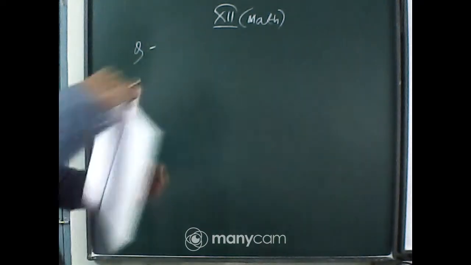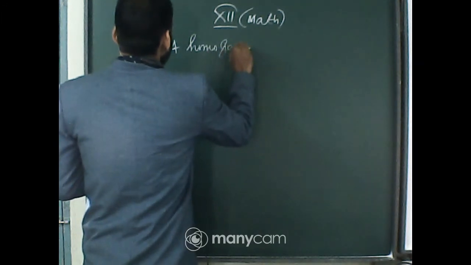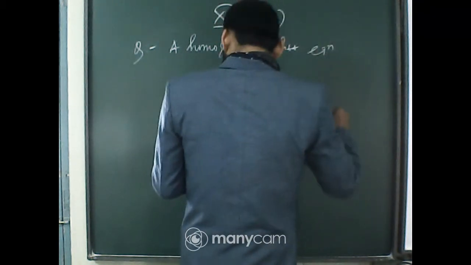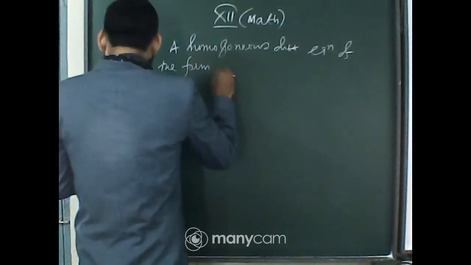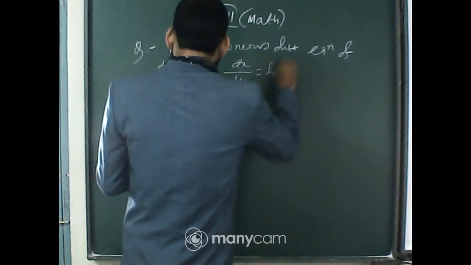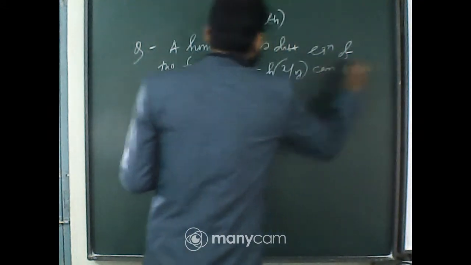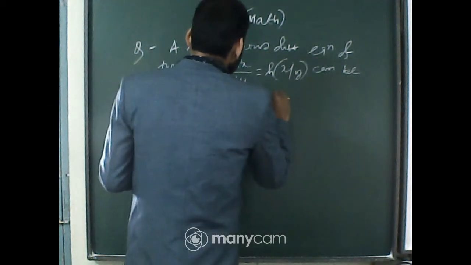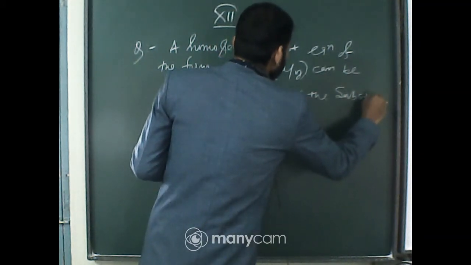A homogeneous differential equation of the form dx/dy equals h of x by y can be solved by making the substitution.